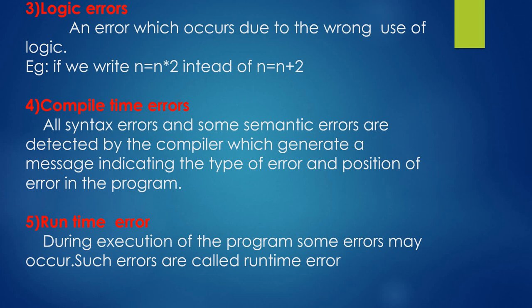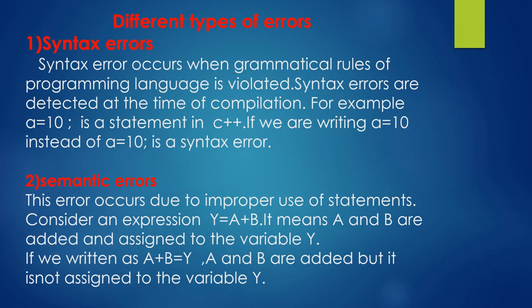These are the different types of errors. First one, syntax error. Second one, semantic error. Third one, logic error. Fourth one, compile time error. Fifth one, runtime error. Syntax error occurs when the grammatical rules of the programming language are violated. This syntax error is shown at the time of compilation. Semantic error occurs due to improper use of a statement.